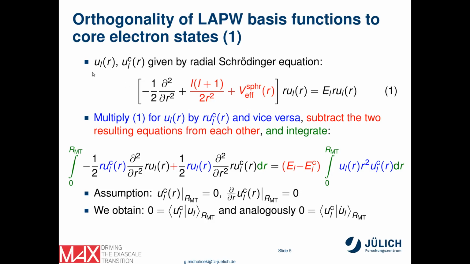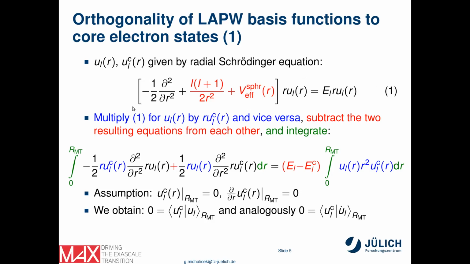So consider that you construct the wave functions, the U from the LAPW basis or the core electron wave functions, you will see by some radial Schrödinger equation that we have here.